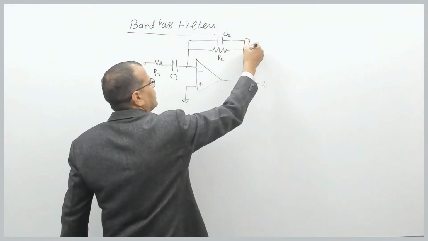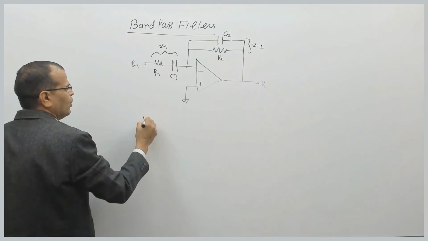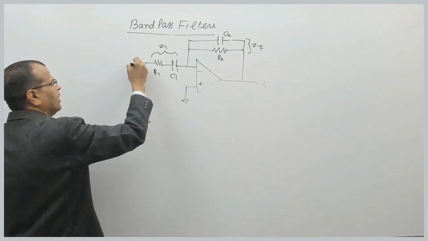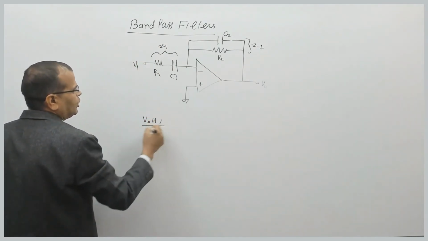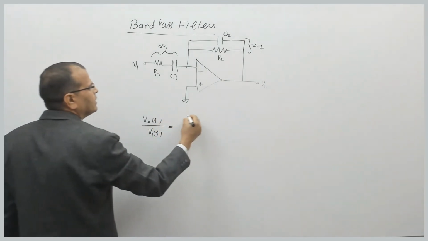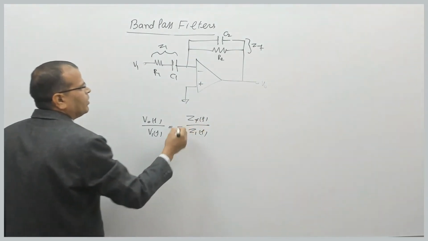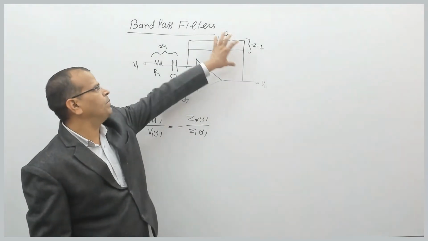See, this impedance is ZF, this impedance is Z1. So we know that this is V1. We know the ratio, that is gain or transfer function of this filter, is ZF in S domain over Z1 in S domain with negative sign. This is inverting mode.